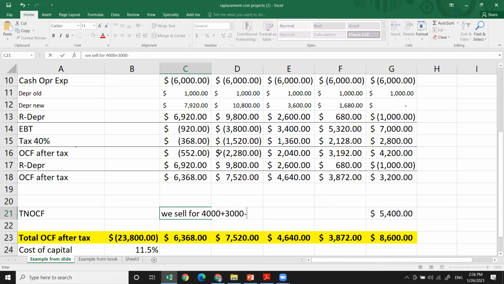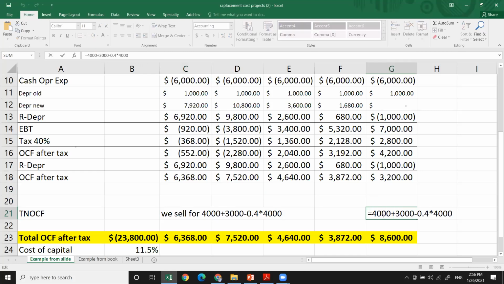And the tax is equal to 0.4 times 4,000. This is how I do it.